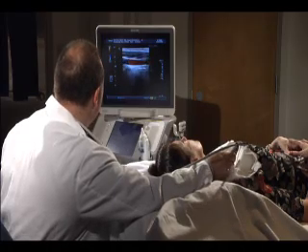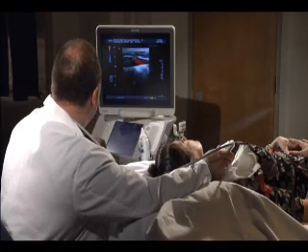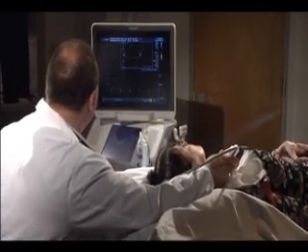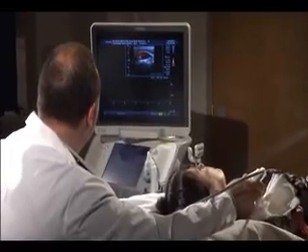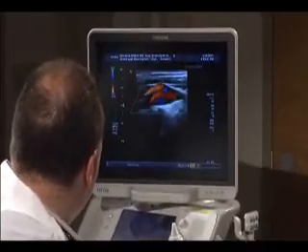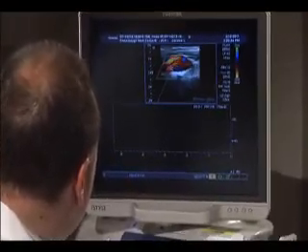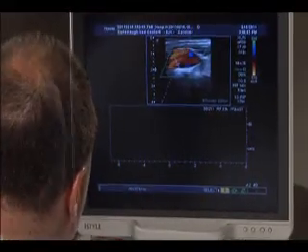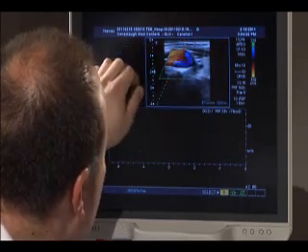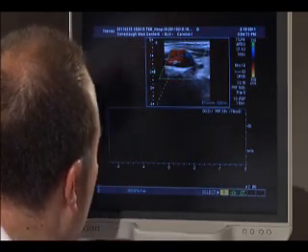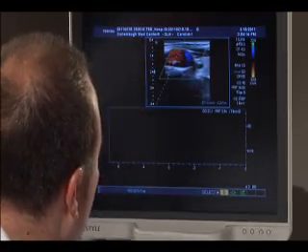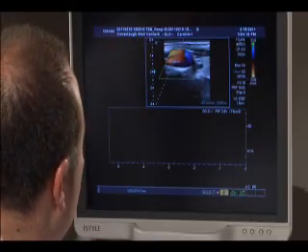Okay. So what we'll do now is take a velocity measurement in each of these vessels. We'll begin in this case with the internal carotid artery, which is the one that leads blood flow to the brain. And you're actually measuring them? Yep. Going to check the velocity. It works a little like a radar detector. We send the sound waves in along this line. As the sound waves strike the red blood cells moving through, they bounce back, and they give some information on how fast the red blood cells are moving through that area, just in general terms.